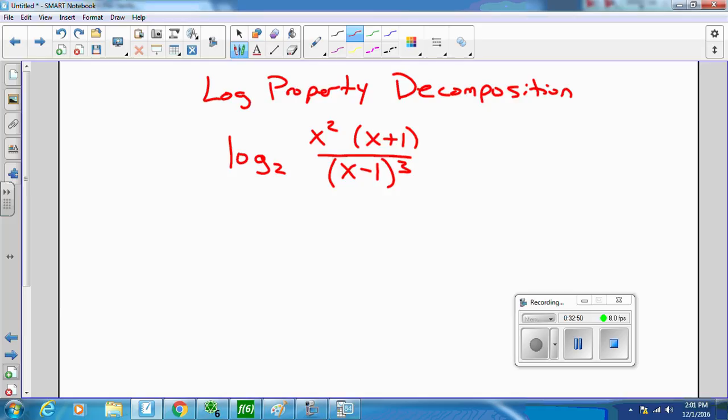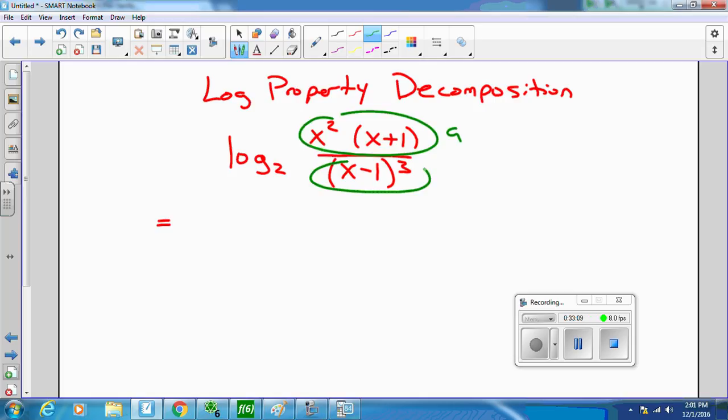And what I want to do to illustrate log property decomposition is to take the log of a complicated expression, such as the log base 2 of x squared times quantity x plus 1 divided by quantity x minus 1 cubed. And what I'd like to do now is to use the log properties to decompose it into additions and subtractions and multiplications.